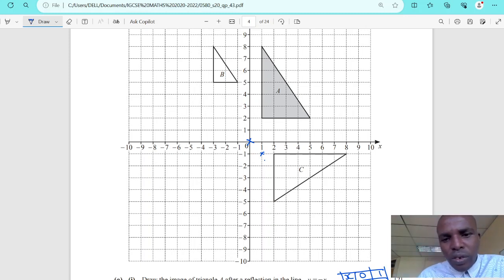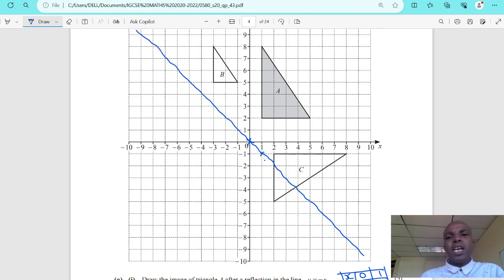Let me try it. So that's the line. So you label this line y equals minus x.